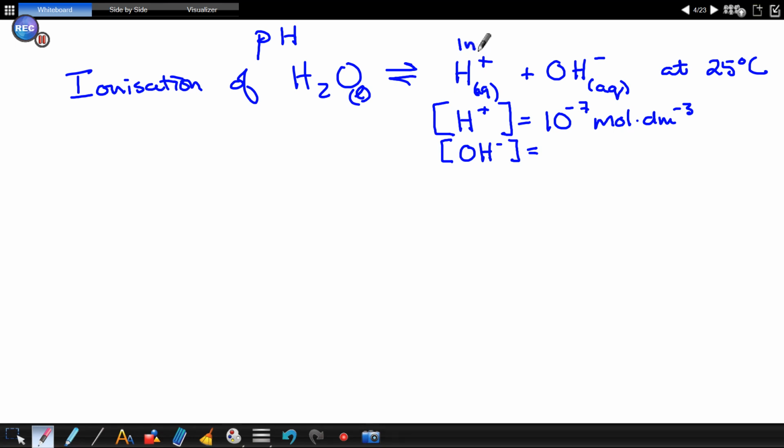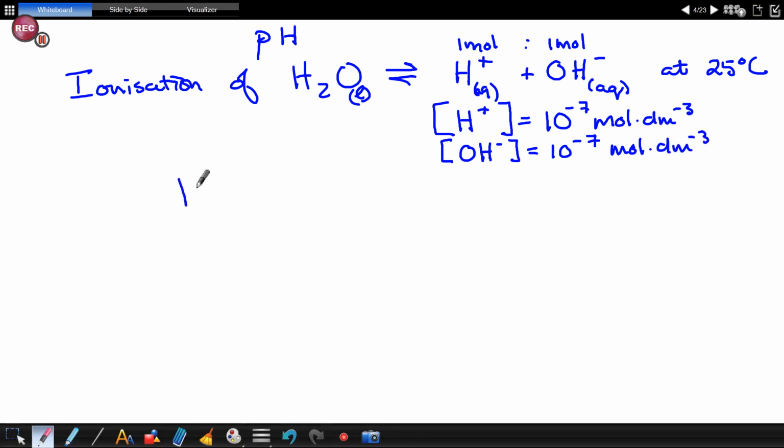Because 1 mole there forms 1 mole there. For every 1 hydrogen ion, there will be 1 hydroxide ion. They ionize in the ratio 1 to 1. So it will be 10 to the negative 7 mole per cubic decimeter.